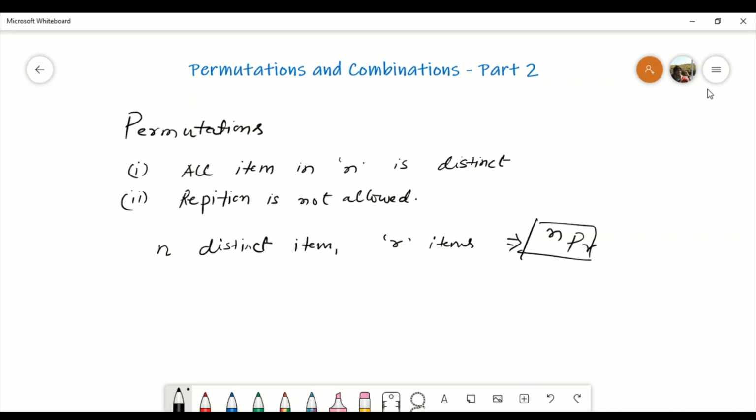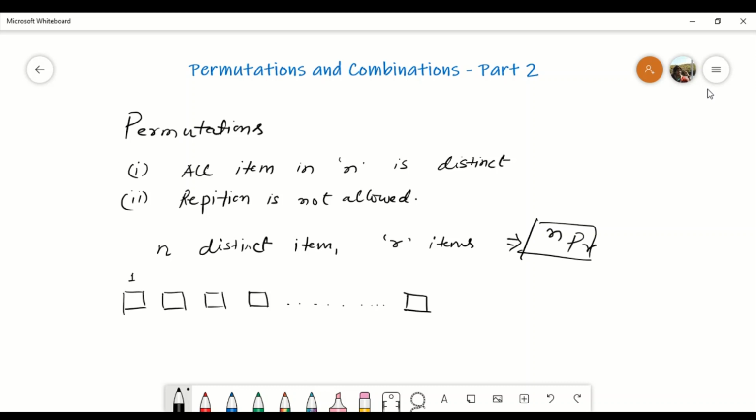We'll go through a box method that we also touched upon in the last video. What the box method tells us is that we'll create r boxes. So let's say these are r boxes, right?